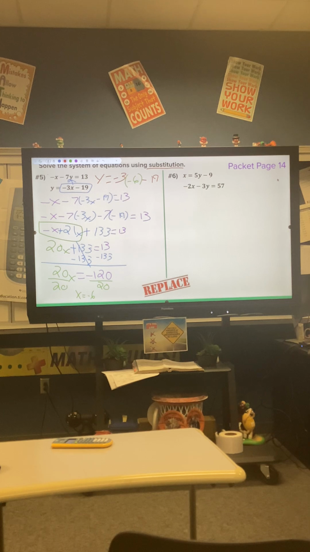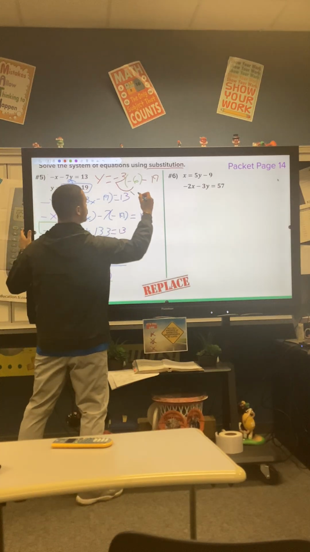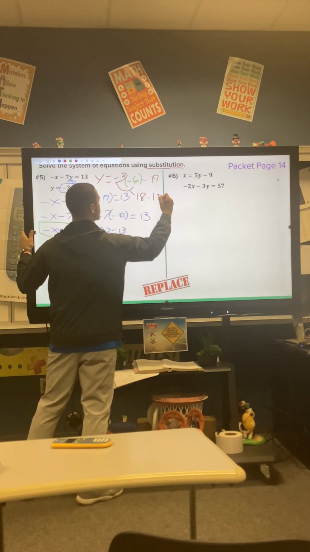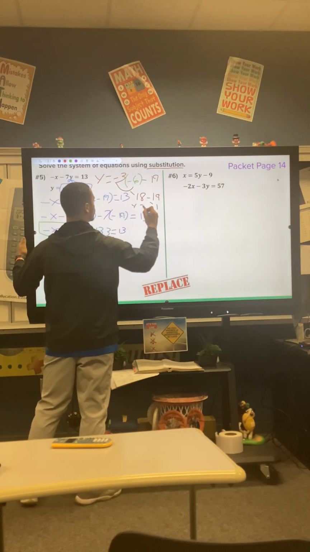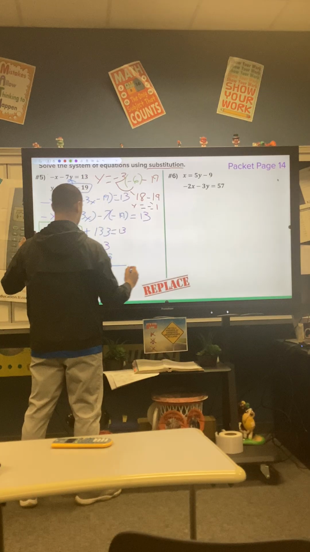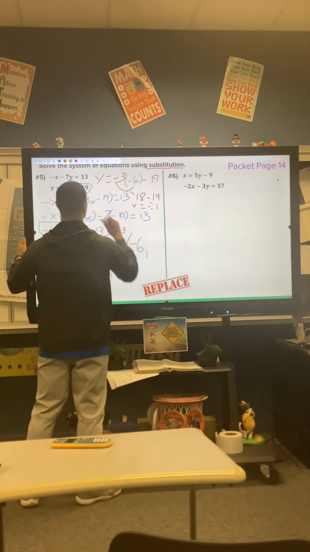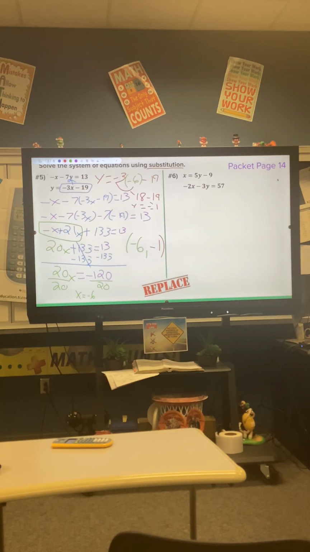Like Jennifer said, I should get a negative 1. I'm gonna break it down for you. Negative 3 times negative 6 should give me a positive 18, and 18 minus 19 is a negative 1. So my coordinate point should be negative 6, negative 1. Final answer.